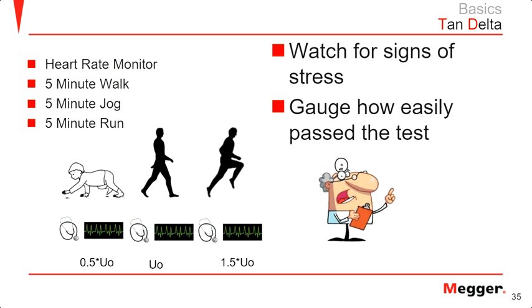So you're watching for the signs of stress as you go through the test, and that's basically you're injecting VLF at 0.5 times U0, that's 0.5 times operating voltage, your 1 times U0, that's your operating voltage, and 1.5 times U0, that is half a time more than your operating voltage. So you're looking for signs of stress, that is basically your tan delta. Then you're now monitoring everything that's going on within that test.